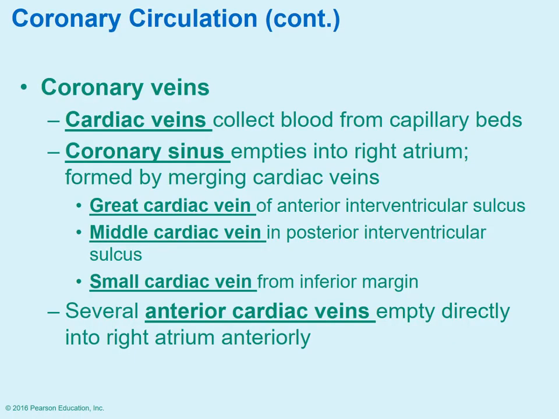The coronary veins, you have the cardiac veins are going to be collecting the blood from all the capillary beds, and then the coronary sinus empties into the right atrium. The coronary sinus is formed by all the cardiac veins merging. You have the great cardiac vein, you have the middle cardiac vein, and small cardiac vein.